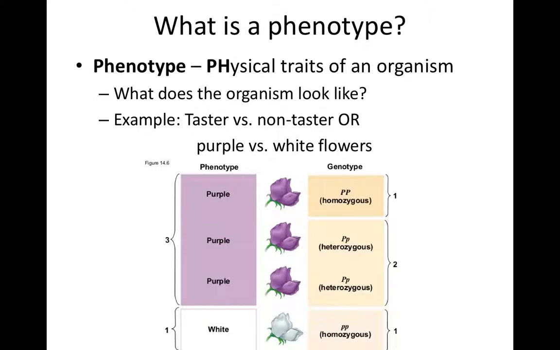And he found that there's two phenotypes for flower color gene, purple or white. Purple was the dominant phenotype, so if the plant inherited at least one dominant allele for purple flowers, the plant had purple flowers. But if the plant inherited two recessive alleles that code for white flowers, then the plants would be white.